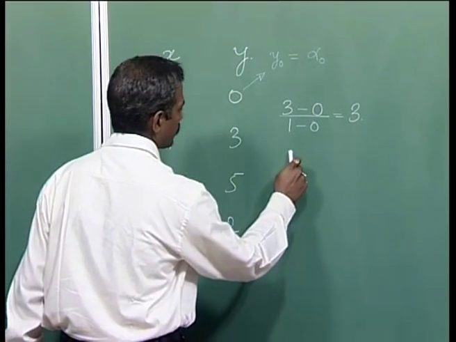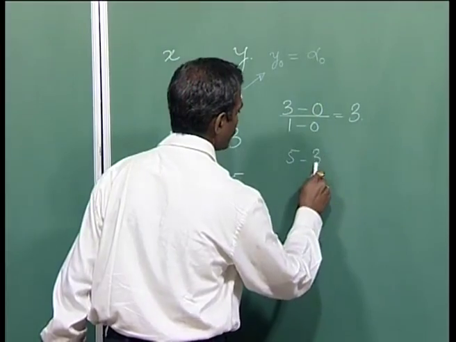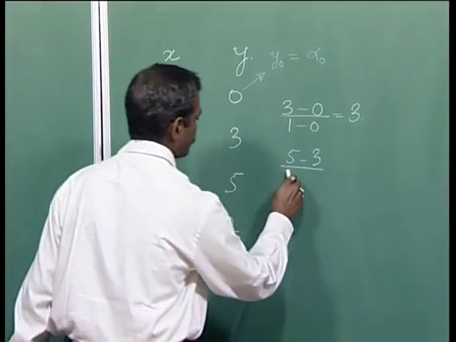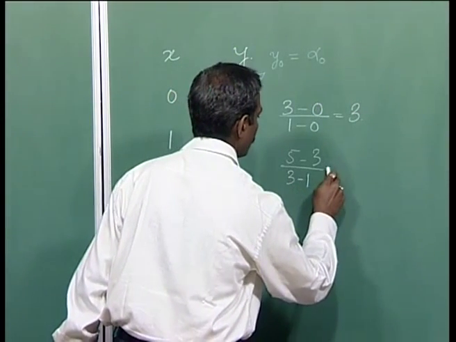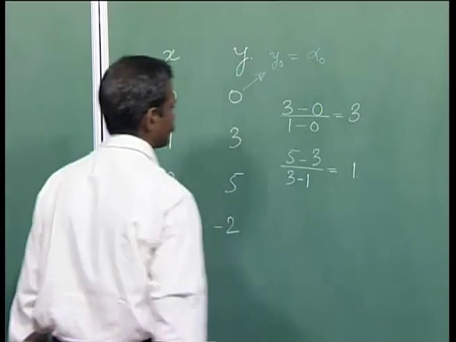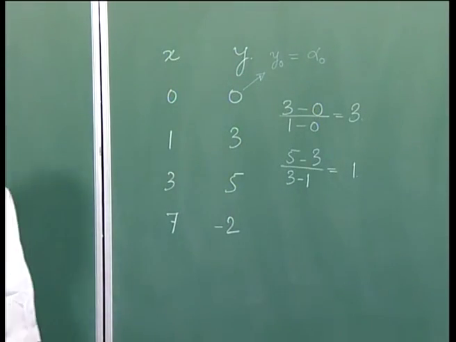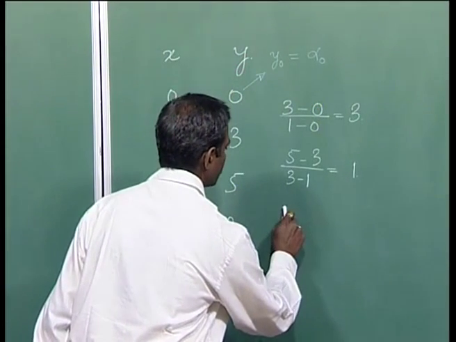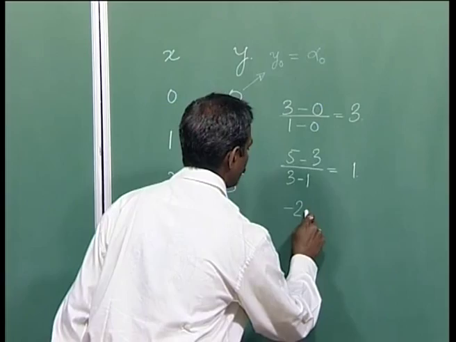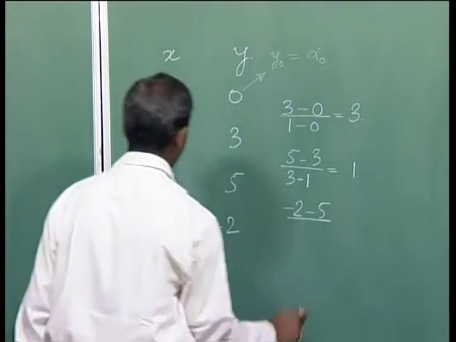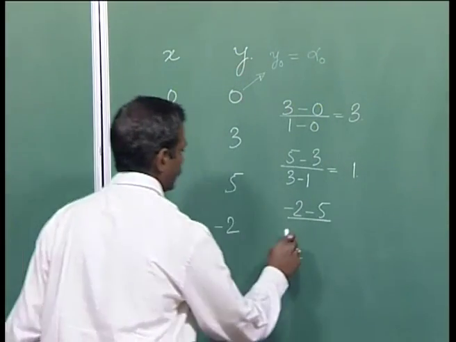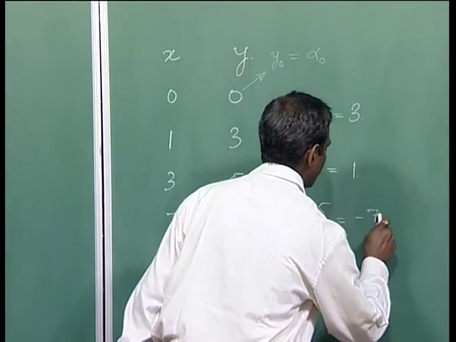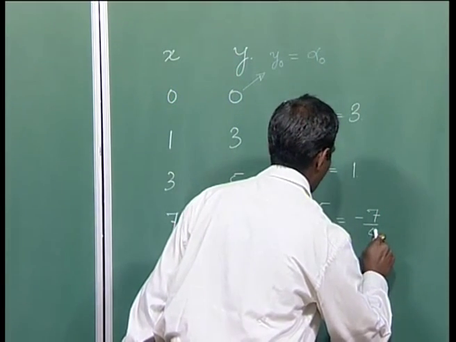It's 5 minus 3, this minus this, over 3 minus 1, which is equal to 1. Next, I use these four numbers here. The divided difference is minus 2 minus 5 over 7 minus 3, which is equal to minus 7 over 4.